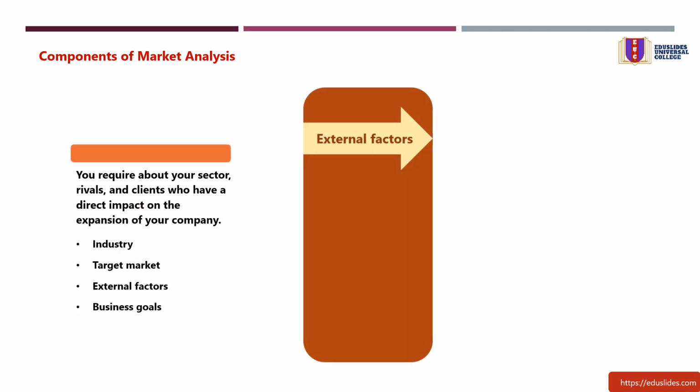3. External factors. This component should include the following at minimum. Taxes. How will the shift in the market affect your taxes? Interest rates. Is your business stable enough to handle shifting interest rates? Technology. Do you anticipate society-wide technological advances to positively or negatively impact your business?